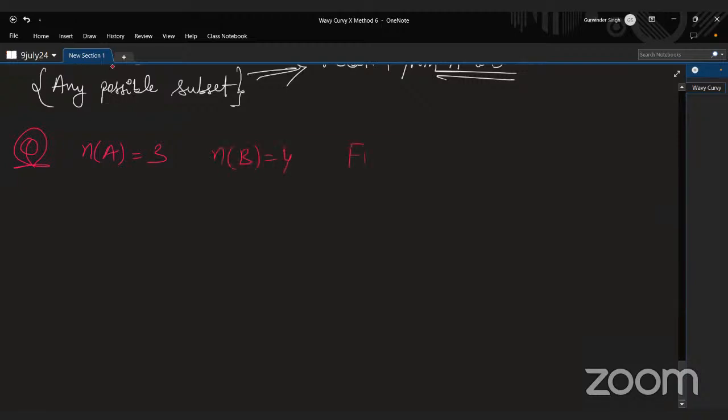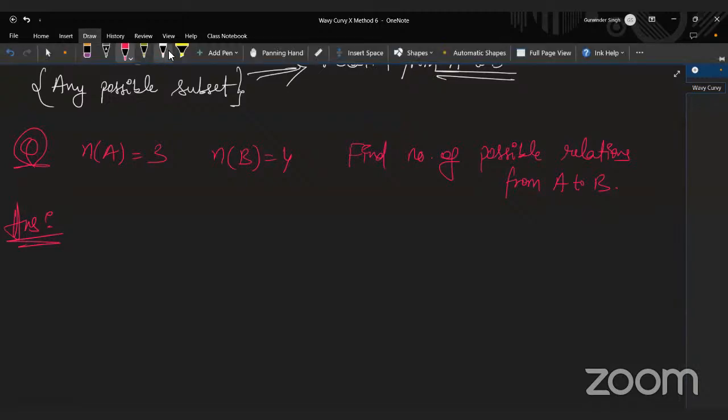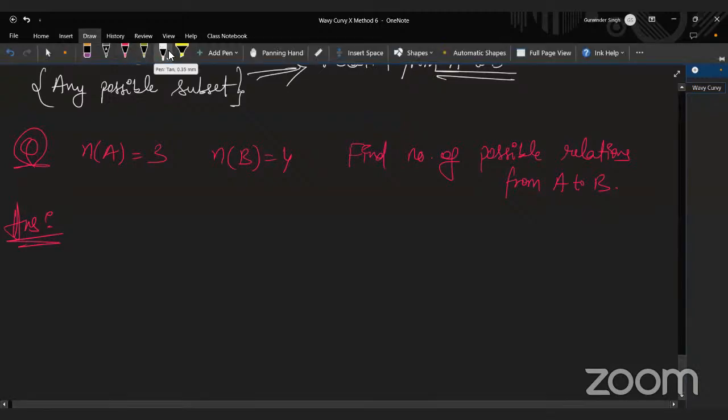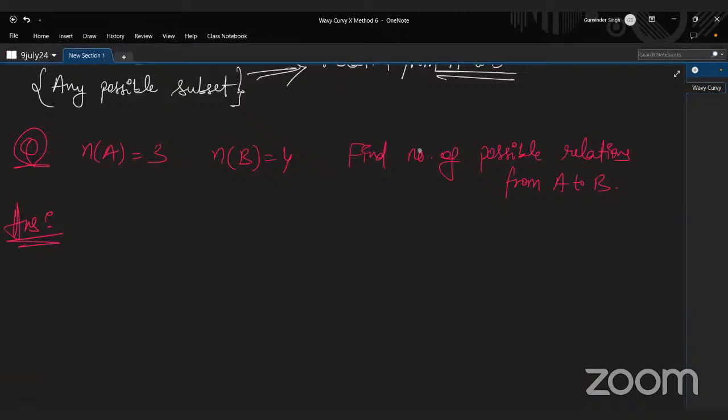So find the number of relations from A to B. Tell me, quickly. Easy, let Rakshit tell. Anyone else except Gayatri will tell this time. Is it 12, sir?